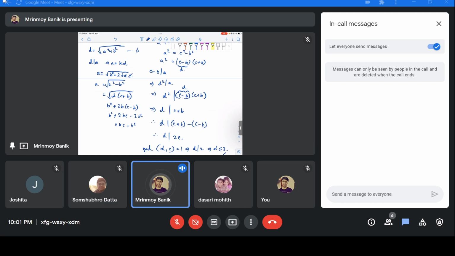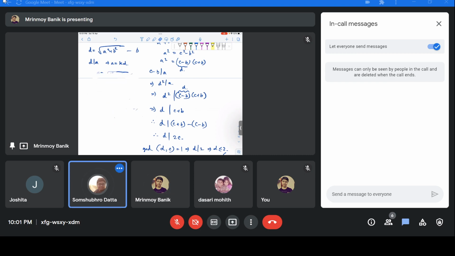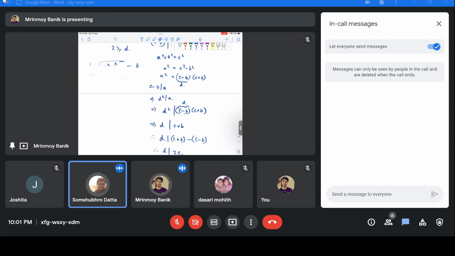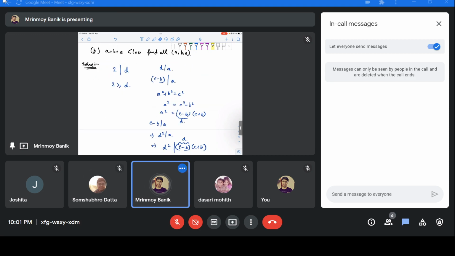Why is the square root of B squared plus 2BD equal to A? Is that what you are claiming? Oh, no, sorry, I committed a mistake. Yeah, okay, so that happens.